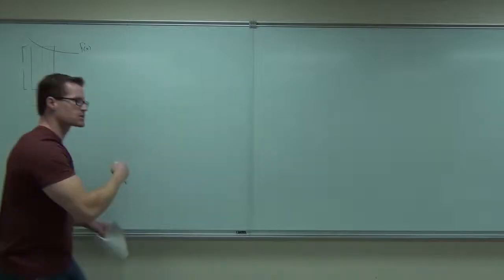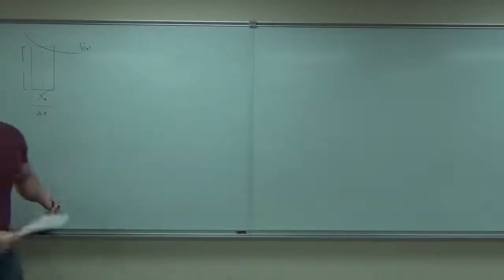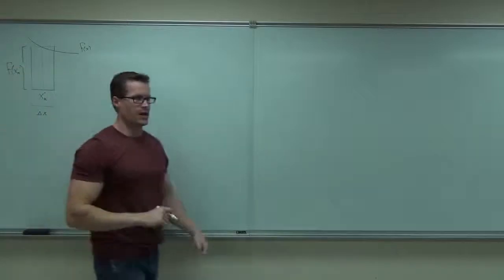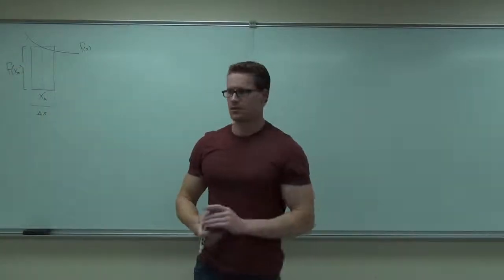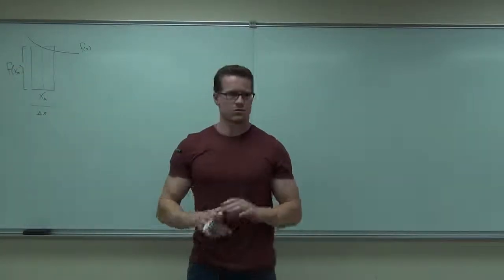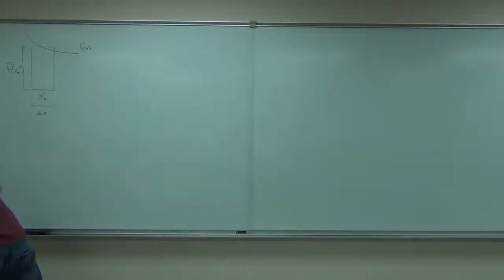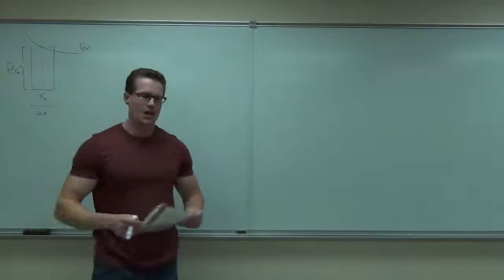So the height of this rectangle, which means the height of this line, is the function's height at that point. F of x sub k dot. Yes, no? Okay. So let's say this.